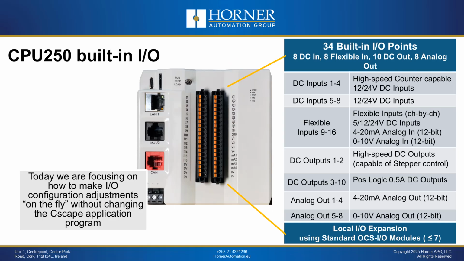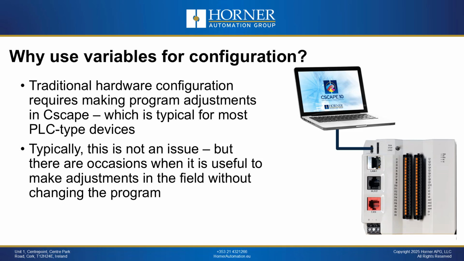And today we are focusing, as we have mentioned already, on how you do some I/O configuration with variables, so you can make some runtime adjustments of your I/O configuration without having the use of Cscape. Now let's talk about configuration. Typically with PLCs and other control type devices like a Horner OCS or Horner modular controller, how does that typically work?